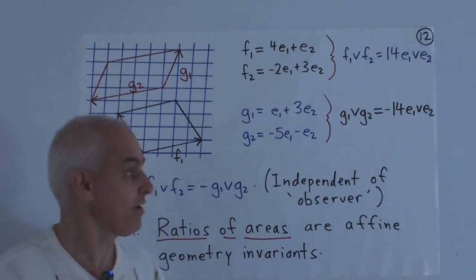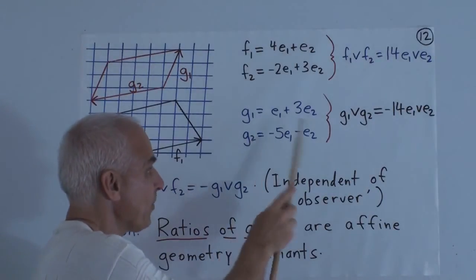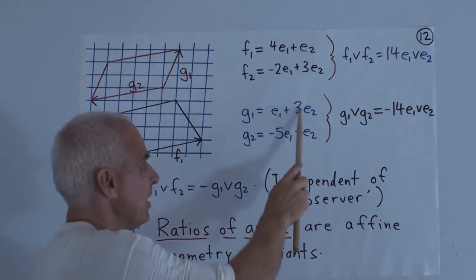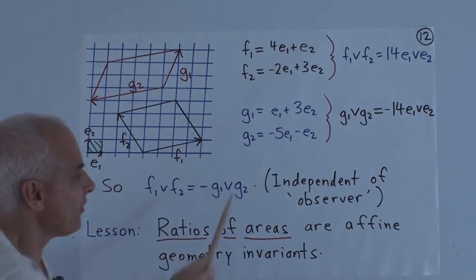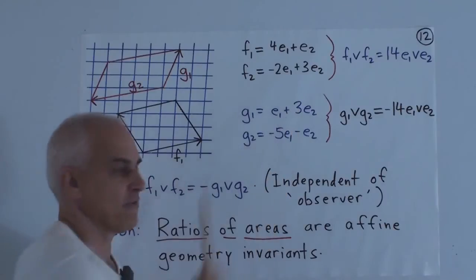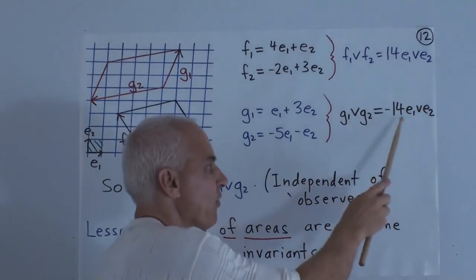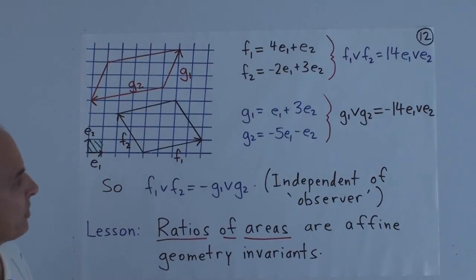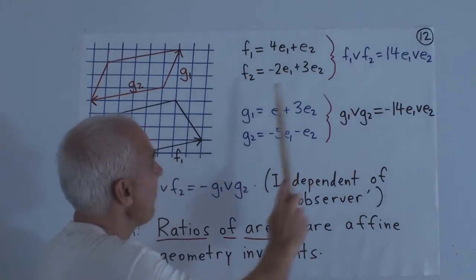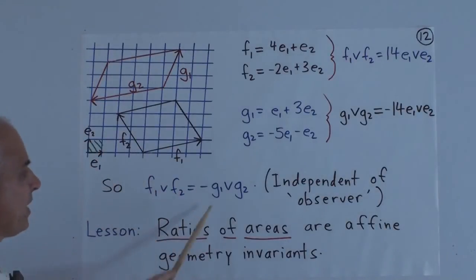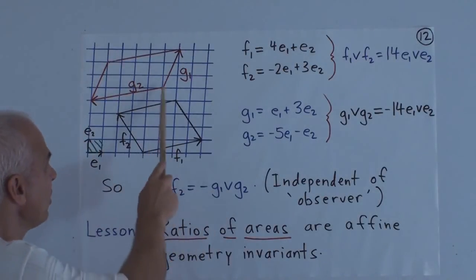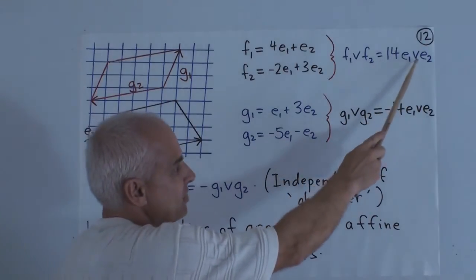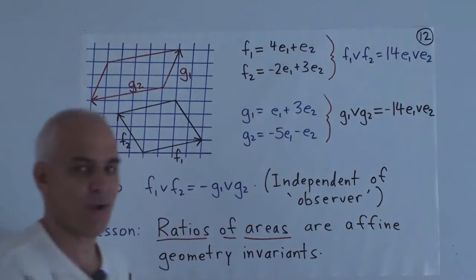Again, our same formula says that when we wedge these two together, we're going to get 1 times minus 1 minus 3 times minus 5. So that's minus 1 plus 15. That's minus 14 e1 wedge e2. And so we see that this bivector F1 wedge F2 is minus the bivector G1 wedge G2, because both of them are plus or minus 14 e1 wedge e2.